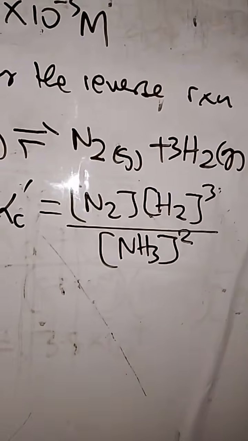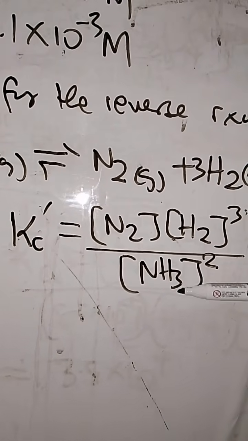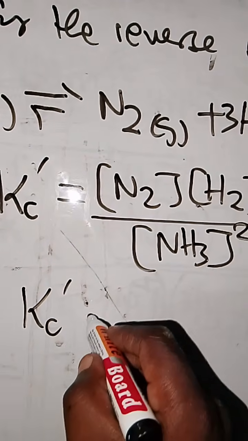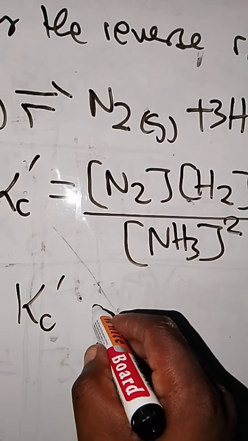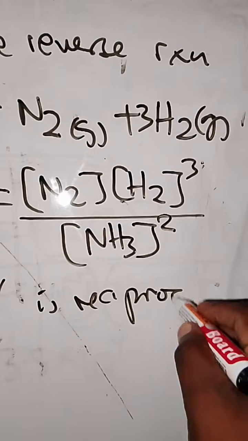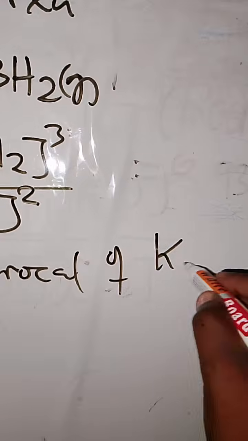You can see that for the original equation, this one was on top and these were down. So in this case, Kc prime is the reciprocal of Kc.